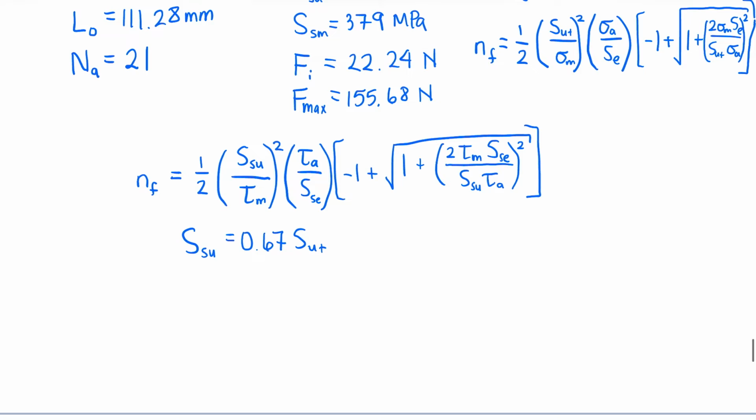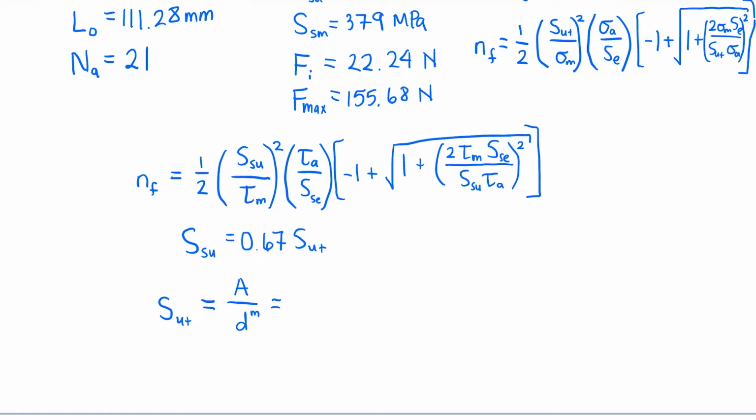We talked about that in our video on spring materials, and we said that the ultimate tensile strength is dependent on material and wire size. So we came up with this equation, which relates the ultimate tensile strength to material parameters A and M, and the wire size, which is this lowercase d.